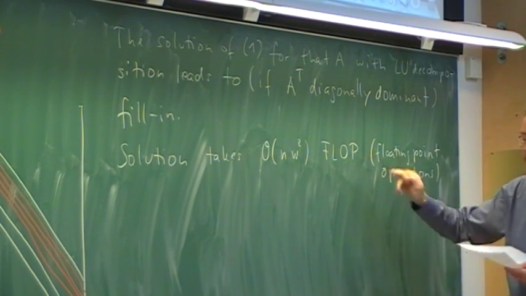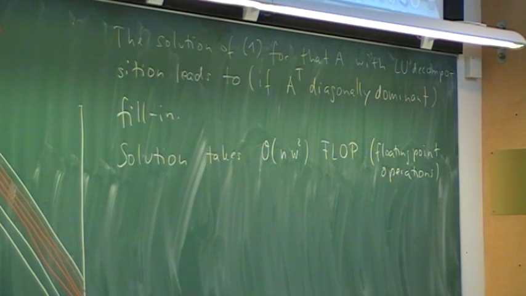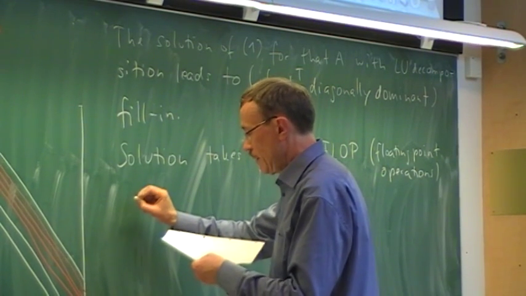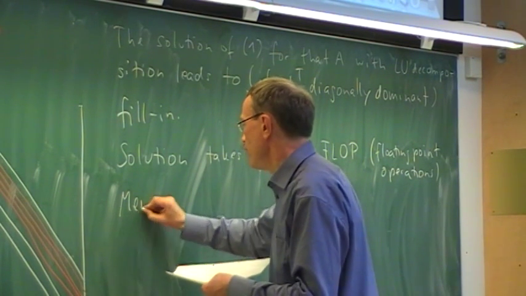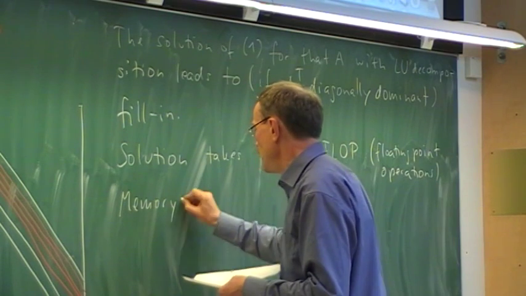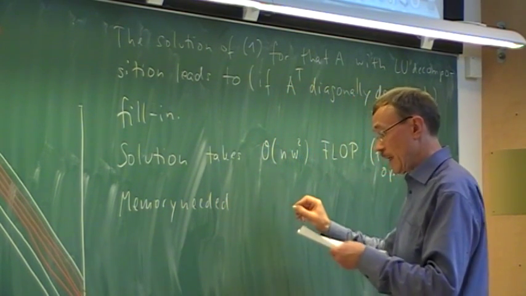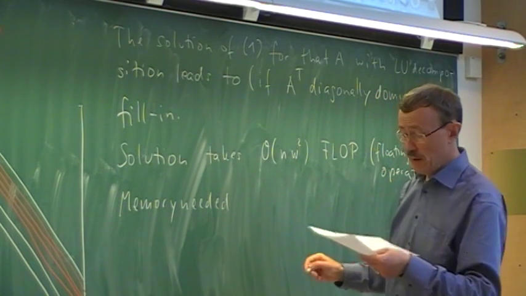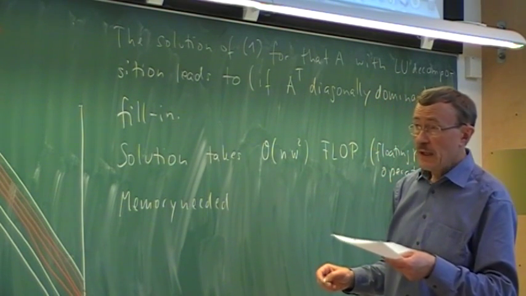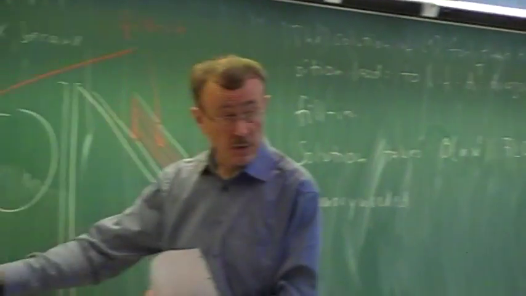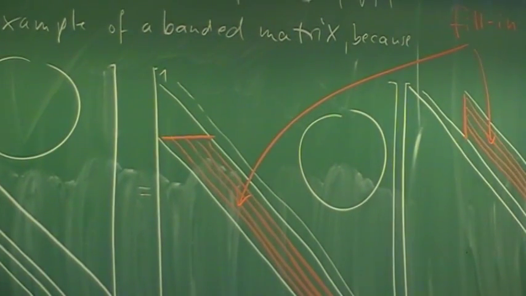I don't write flops, because that is usually floating points per second, which we don't want here. And so the memory needed is, if you think of it, we now need to store all these diagonals.